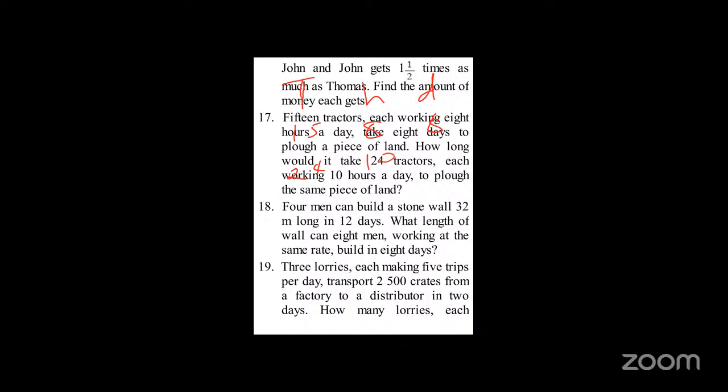So ukiangalia hapa, the number of tractors zilikuwa 15, zika increase to 24. So what is going to happen? Hapa the tractors ziki increase, the number of days are going to decrease. So in this case, we are going to use the ratio decrease, which is 15 over 24 times. Tukuja hapa kwa hours. Hours zilikuwa 8, zika increase to 10.